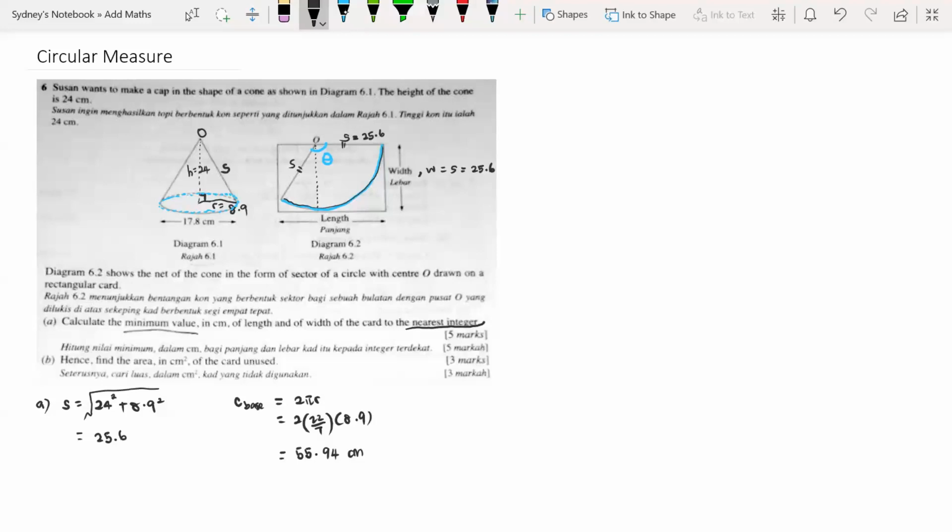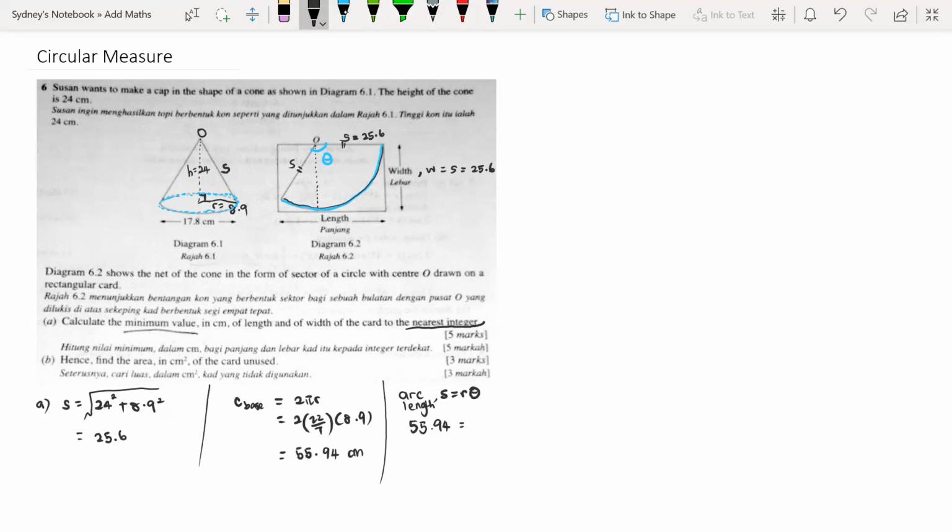So according to S equals to R theta, whereby the S here is the arc length S, equals to R theta, and the arc length happens to be the circumference, which is 55.94 equals to R theta.